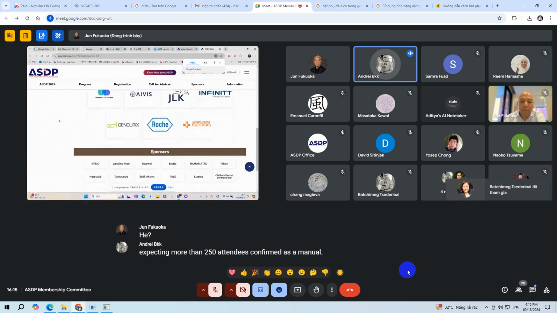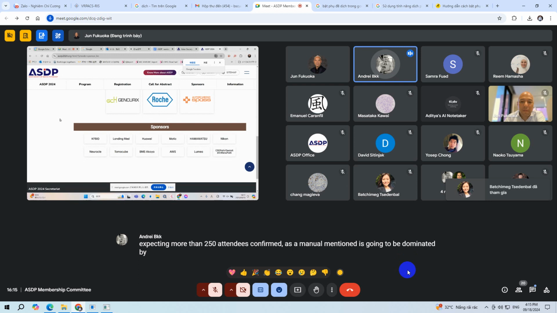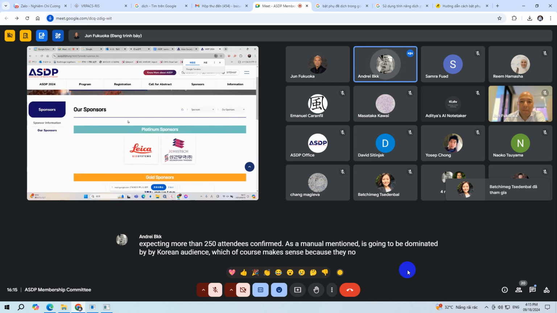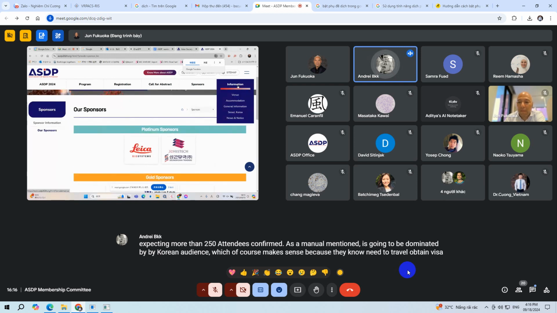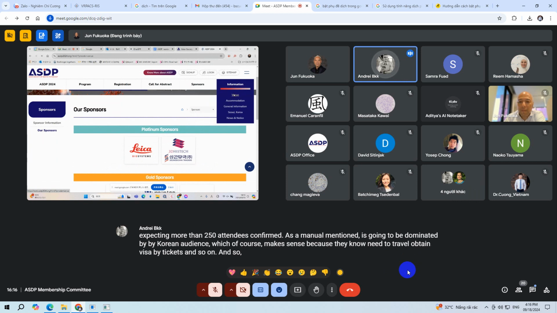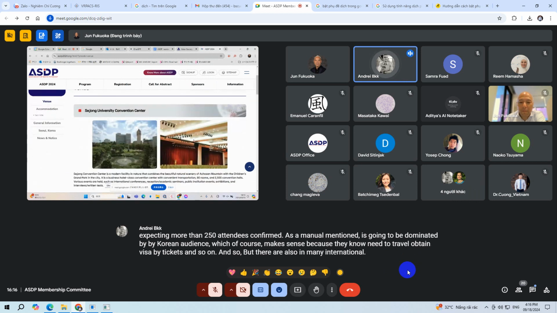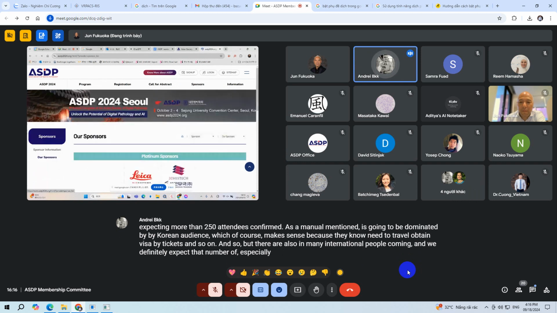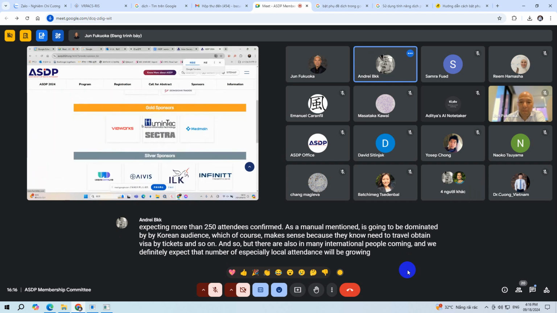As Emmanuel mentioned, this is going to be dominated by Korean audience, which of course makes sense because they need not travel, obtain visa, buy tickets, and so on. But there are also many international people coming, and we definitely expect that the number of especially local attendees will be growing.